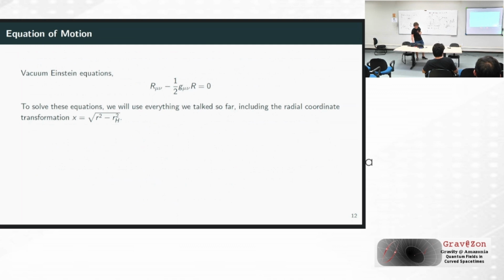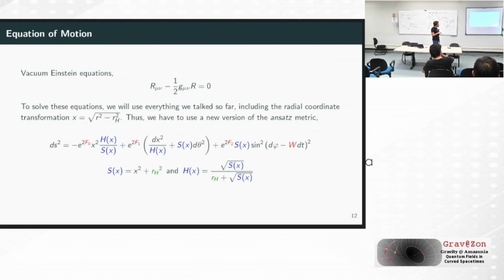So if you introduce this transformation, then the ansatz metric starts to be a bit more complicated, as you can see, with these new two functions, H and S. But when you put this in Mathematica, it doesn't change much. It will just give you the equations, and you just have to use them.